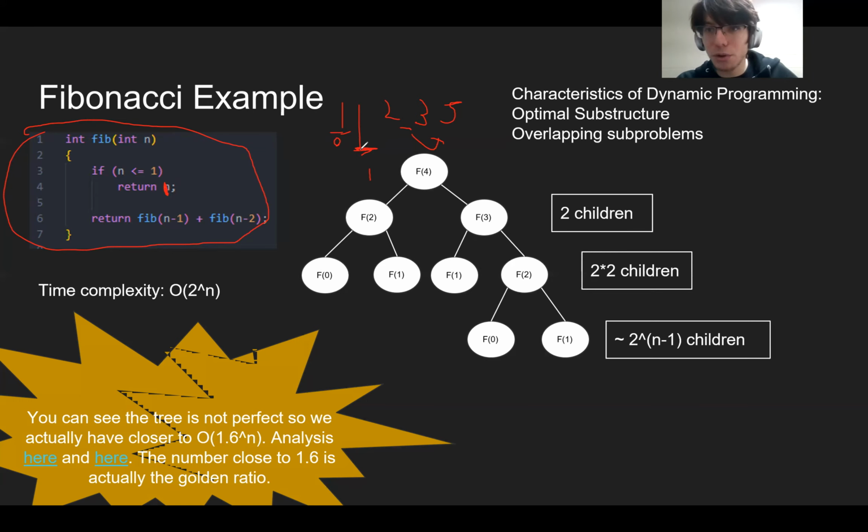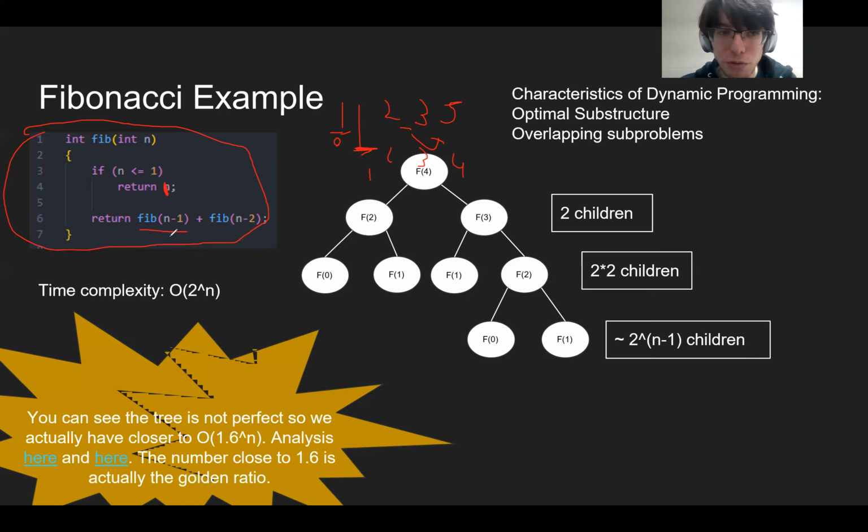Because that's exactly what we're doing. To find the nth Fibonacci number, let's say we want to find the 4th Fibonacci number. The 4th Fibonacci number is 5, because we count 0, 1, 2, 3, 4. So let's label them 2, 3, and 4. We know the 4th Fibonacci number is the sum of the 3rd one and the 2nd one.